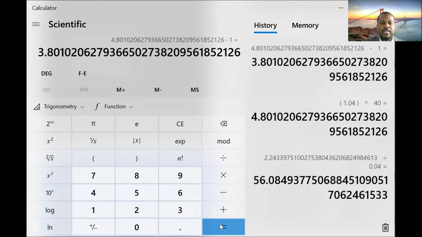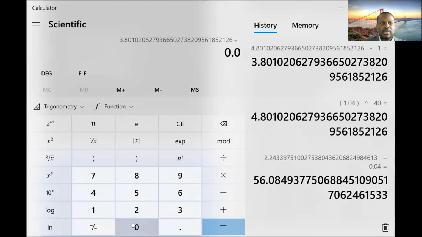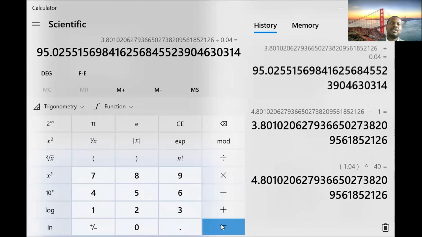It's 3.80. And then we divide this by 0.04. That is correct. So I'm not quite sure what was the problem before, but we get 95.03, which is what it's supposed to be.